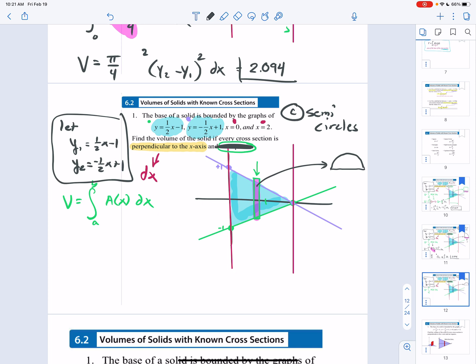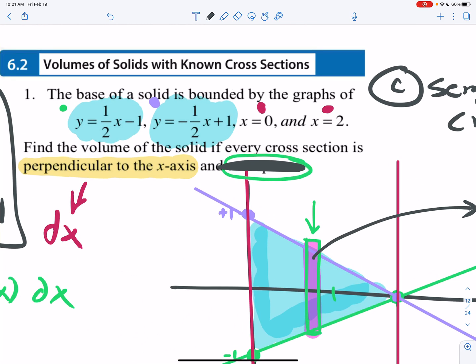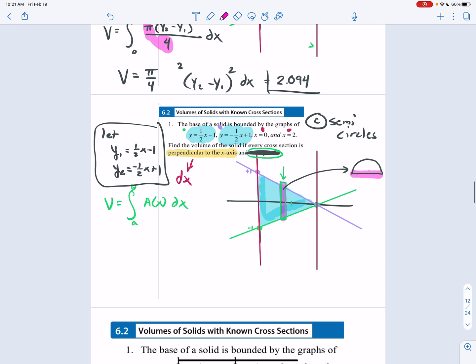Okay, so the reason why this picture is so important, you'll see in this example, okay? So the pink highlight right here in this rectangle is really the pink highlight here. You're stacking a bunch of these semicircles on top of this blue region, okay? Now I want you guys to pay attention to this here, okay? Fill out everything first in general.